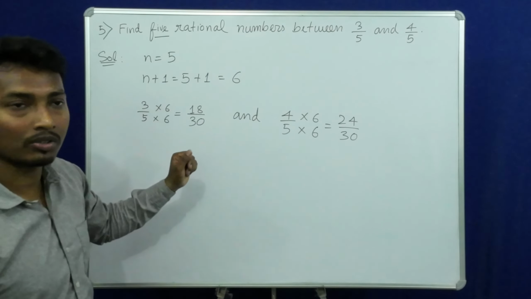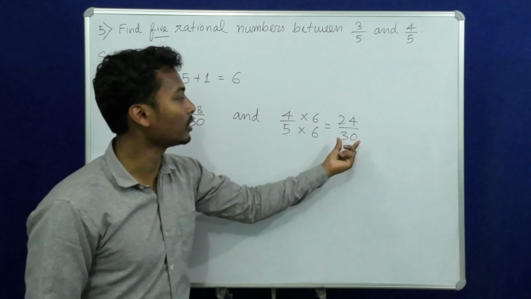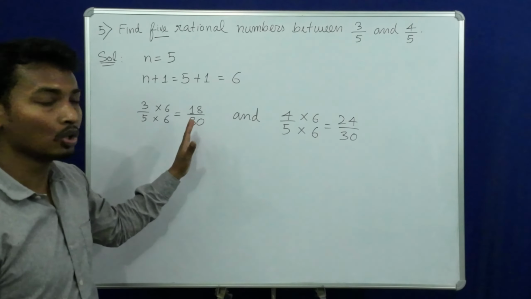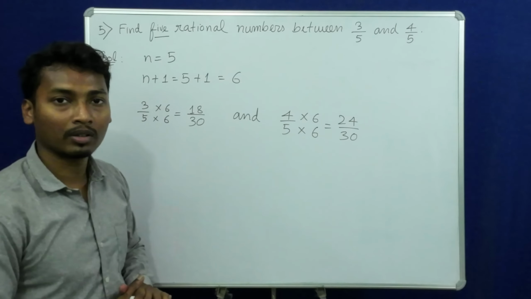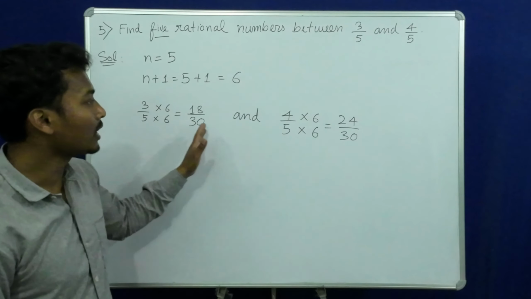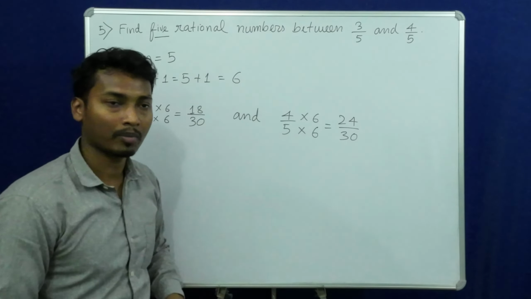What will happen in such a case? The result of the denominator will be the same. So here you see 30, here also 30, so it means they are part of the same like fraction. So now we can imagine rational numbers in between this rational number and this rational number.